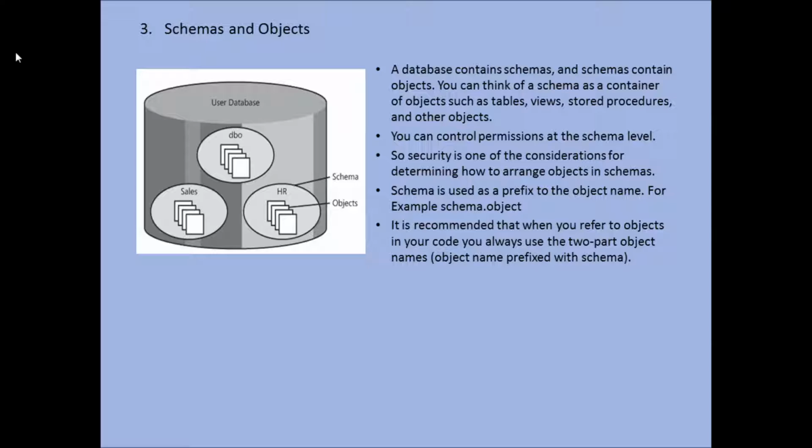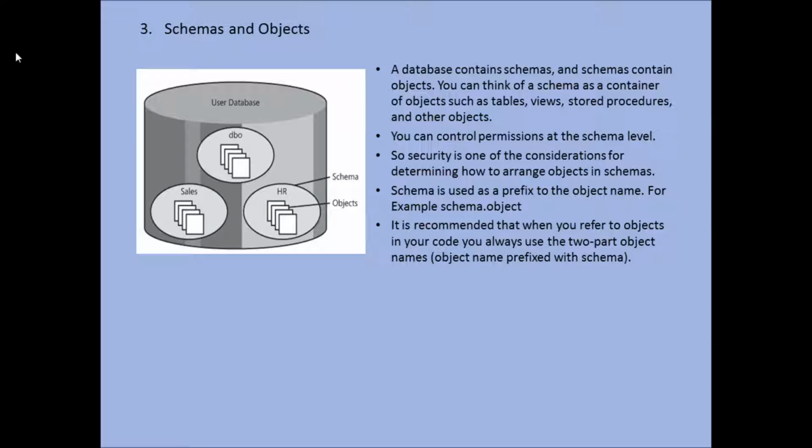The reason behind this is that if we do not refer to the object name with the schema, then SQL Server tries to resolve the schema, and it takes a very small amount of time to find out the actual schema of the object.